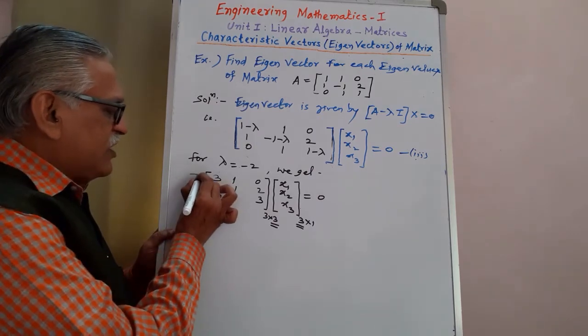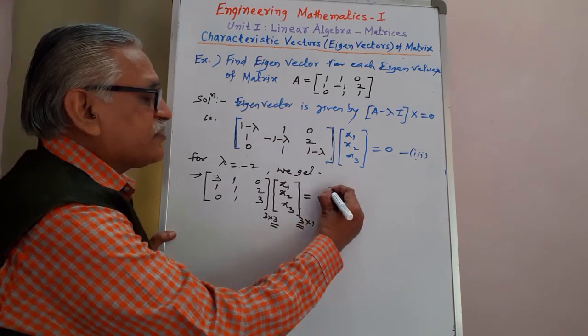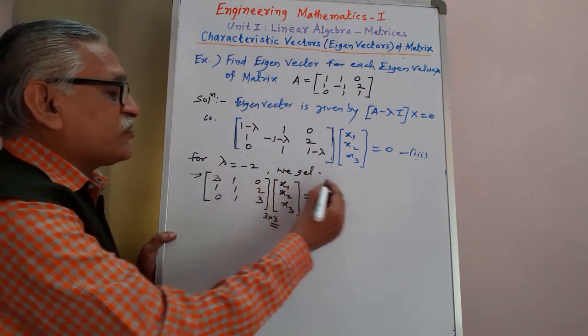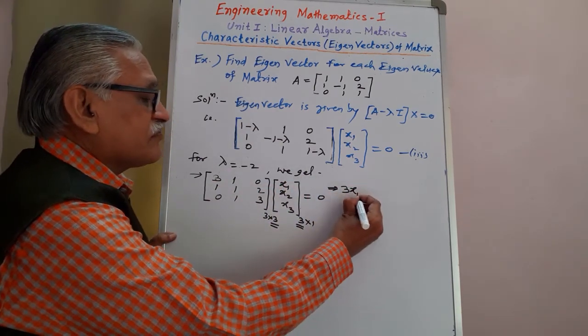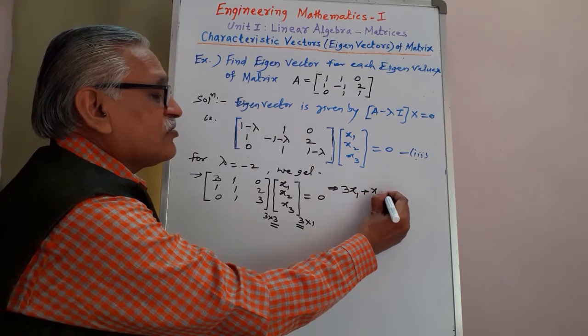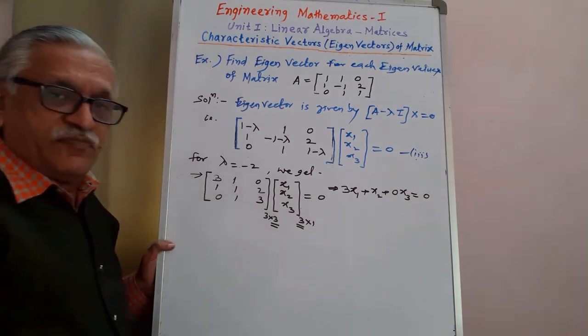Therefore, multiplying each row by that column, the first equation is 3x1 plus x2 plus 0x3 equals 0.